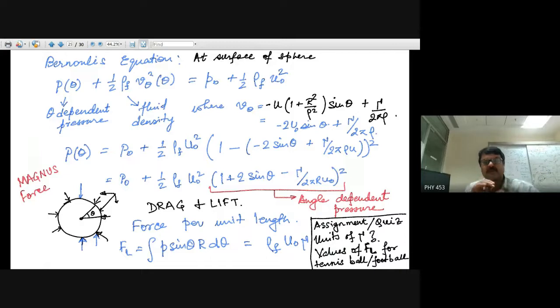So just think it out a bit. Hence, this spinning sphere football will feel a force in the direction where the spin is, or the velocity of the surface is opposite to the direction of flow. And that is essentially what the Magnus flow is all about.